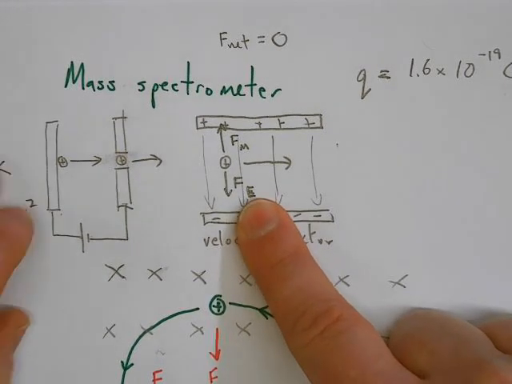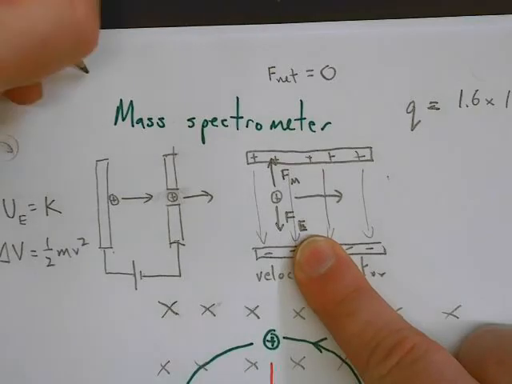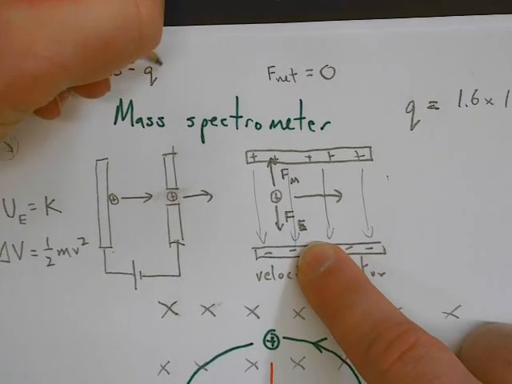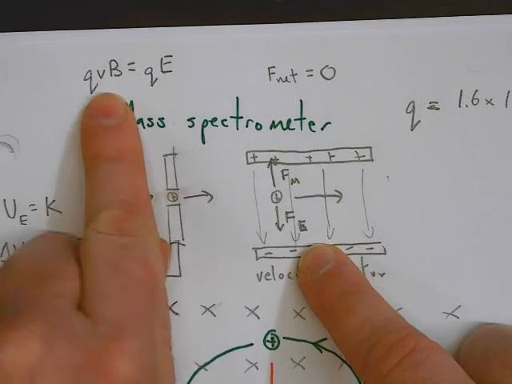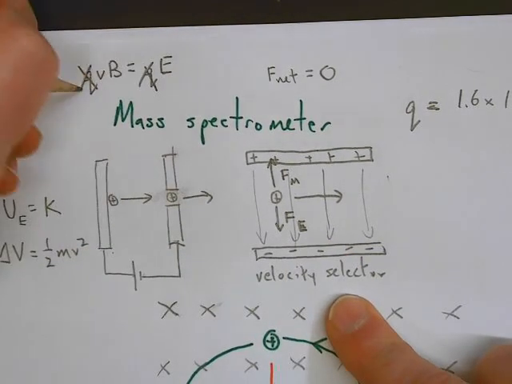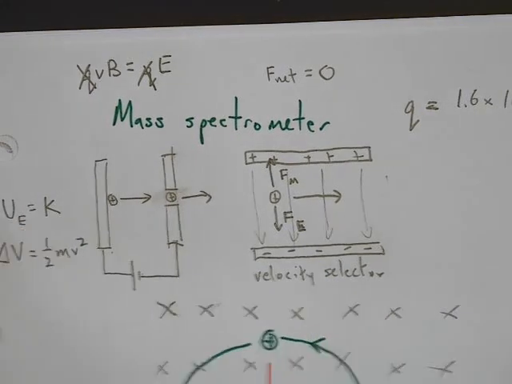Hopefully that makes sense. Well, let's do the math, and I just want to show you something here. So if I do the math and I say qvB equals qE, magnetic force equals electric force, do you see how the size of the charge goes away?